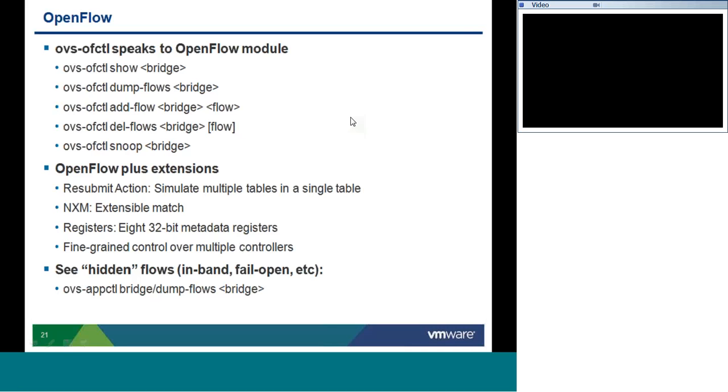What is the difference between ofctl show and vsctl show for the bridge? Is it different versions that I see? Yeah, so the question was, what's the difference between ovs-vsctl show and ovs-ofctl show? ovs-ofctl show shows the OpenFlow data for a particular bridge.